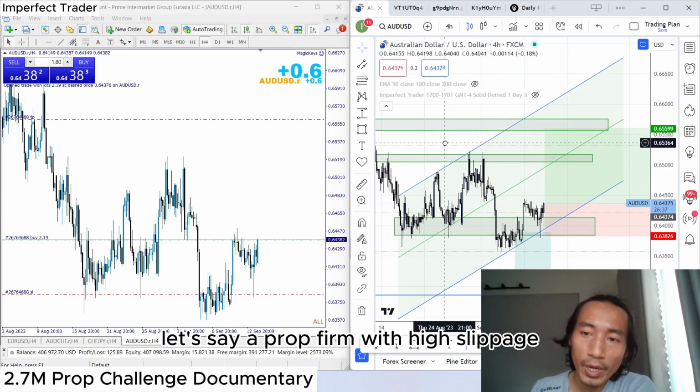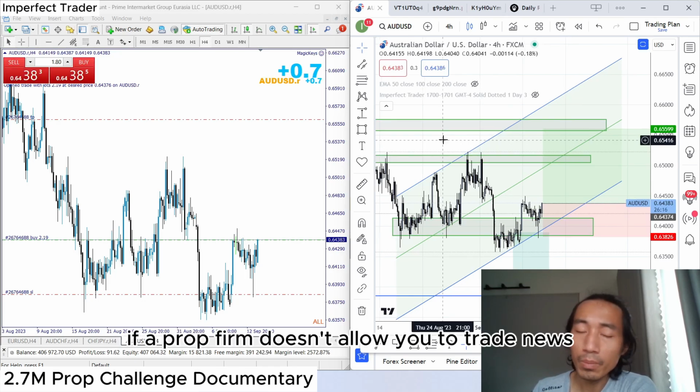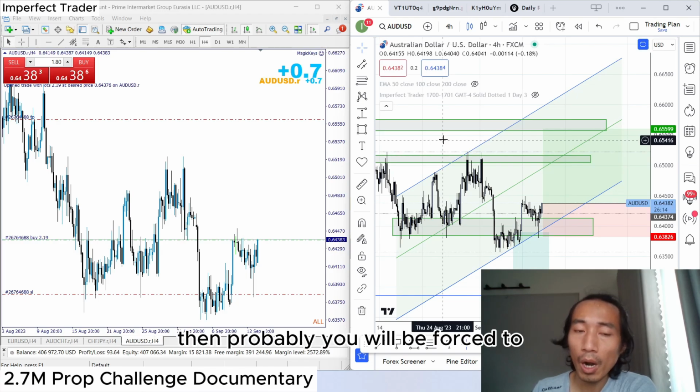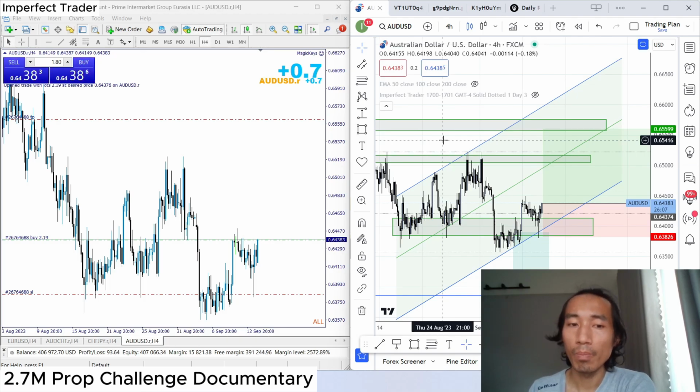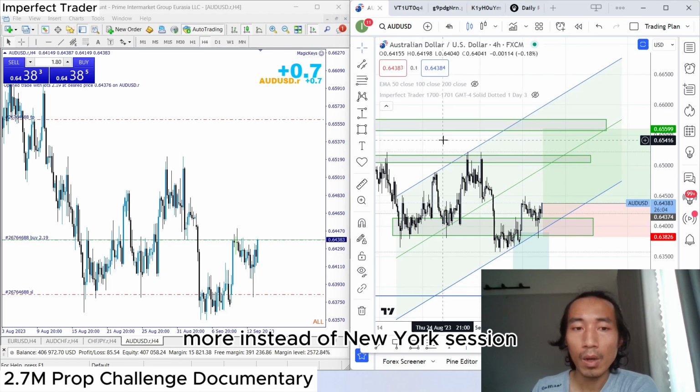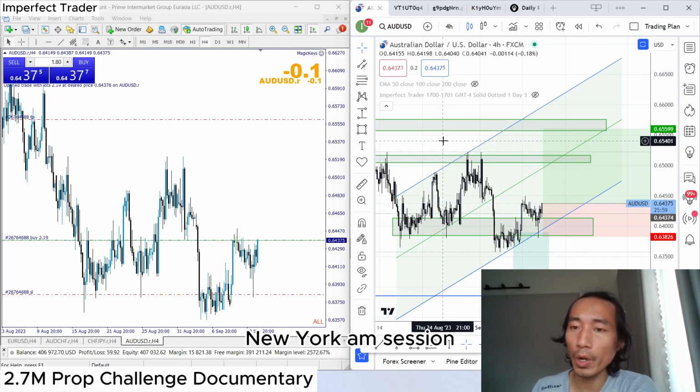Let's say a prop firm with high slippage, then you may try swing trading, it's better. If a prop firm doesn't allow you to trade news, then probably you will be forced to day trade or focus on the London session more instead of the New York session, or focus on the New York PM session more instead of the New York AM session.